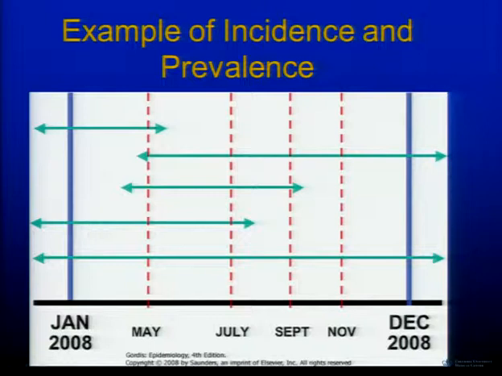Now, if instead I wanted to know how many incident cases there were in 2008, can you tell me how many of them are incident cases? Right, it's people that were new during this time period. So this person and this person were new. These 3 already came into it with disease. Just remember, it's new versus existing is how you're thinking of incidence and prevalence.